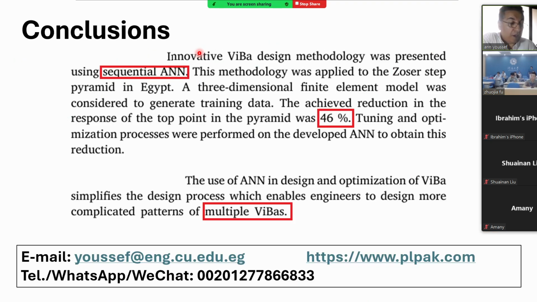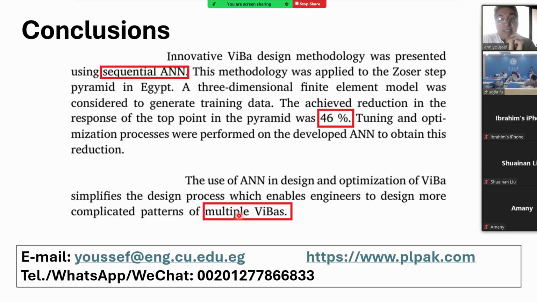To end my talk, we used a sequential neural network to design vibrating barriers, and we were able to reach 46% reduction, more than the stochastic analysis, where we can reach something like 20% reduction. Actually, currently, we are trying the same neural network with optimization and to use multiple Vibers instead of a series of Vibers, using the mass we install inside it.